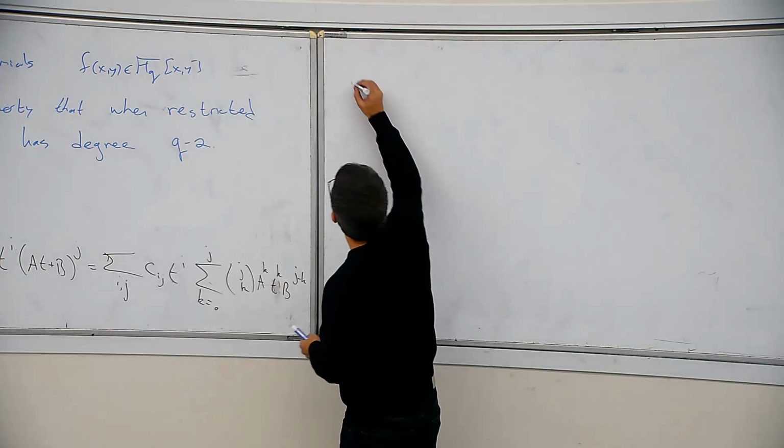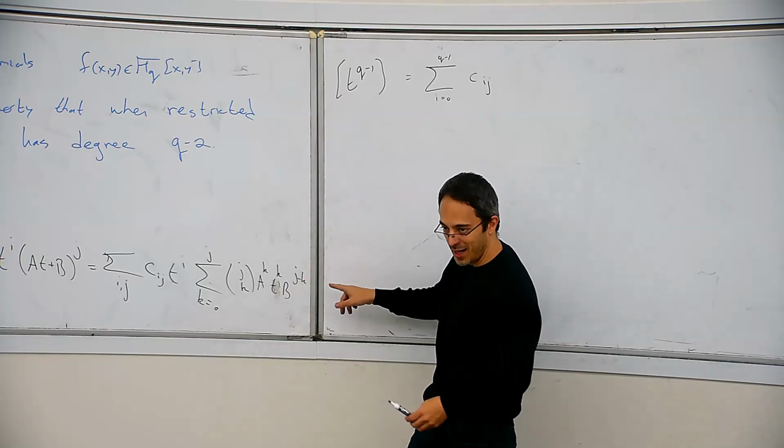I'm going to sum over i. As far as I'm concerned, it's from 0 to q minus 1. Everything can happen. And then I have c_ij, t to the i is not part of the coefficient, of course. And then k has to be taken to be q minus 1 minus i.